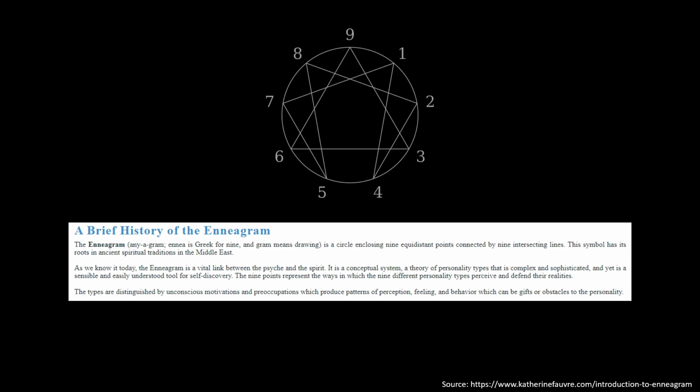So each center here, 1 through 9, has this core fear. This core worry, and it's unconscious. You don't even know that it's there. And then you develop these ways to deal with each of those worries, each of those fears.